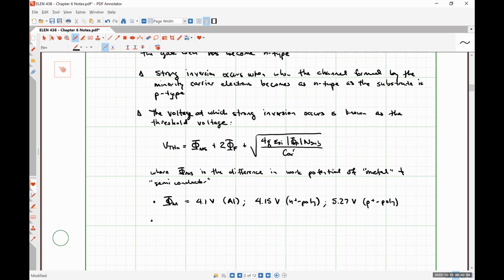For our semiconductor potentials, 4.15 volts plus 0.65 minus the absolute value of the work function for N-type.